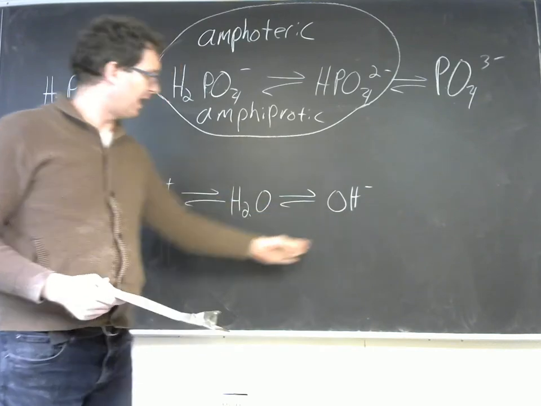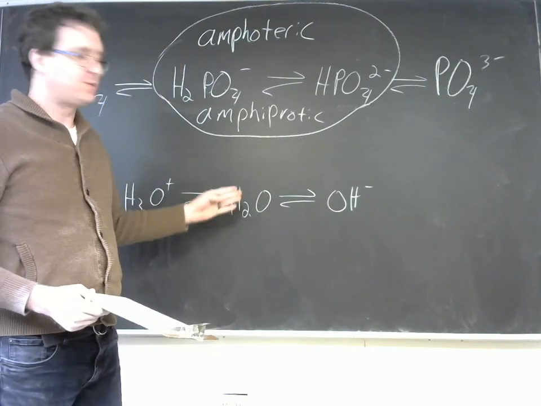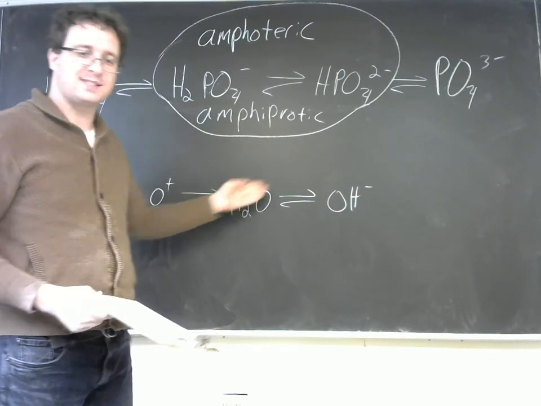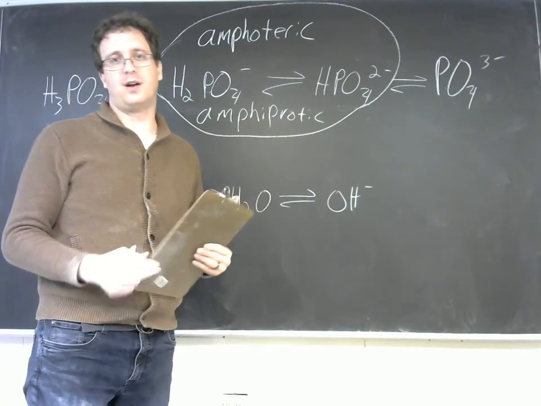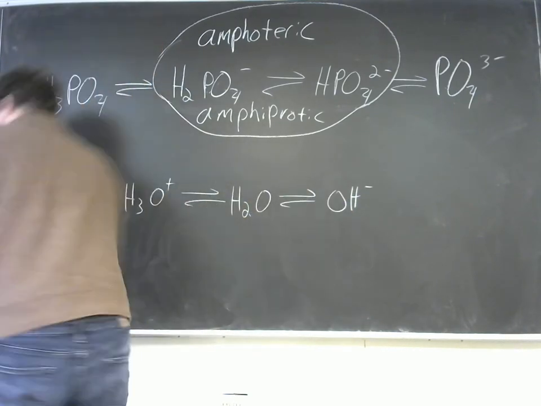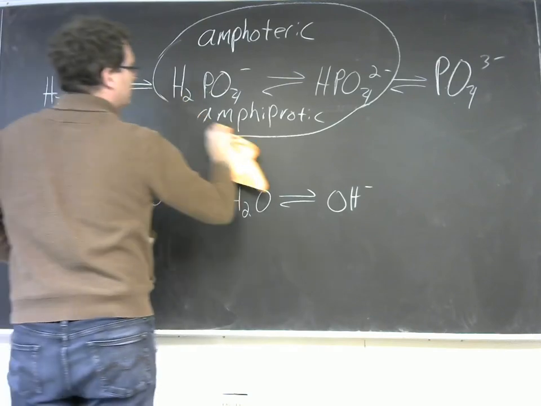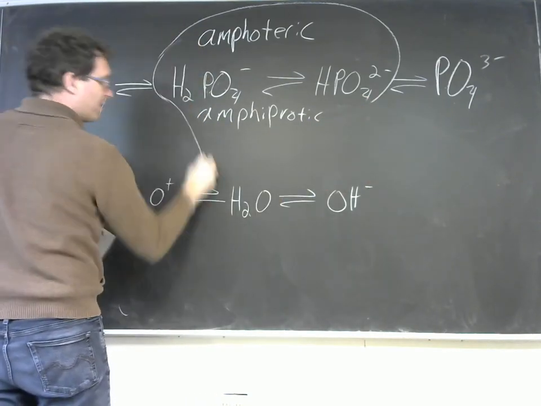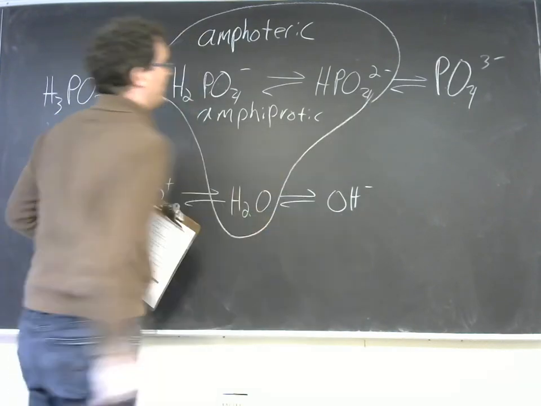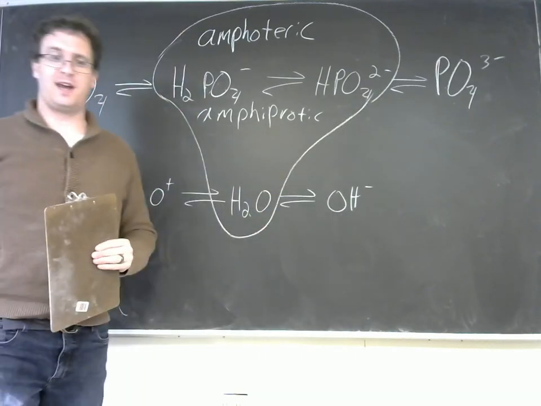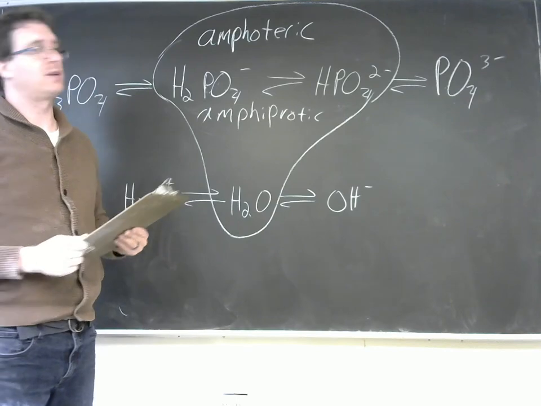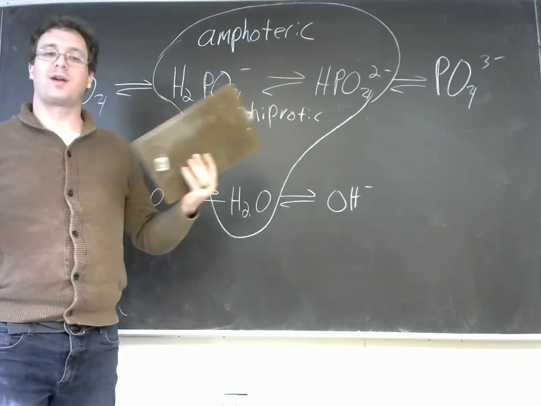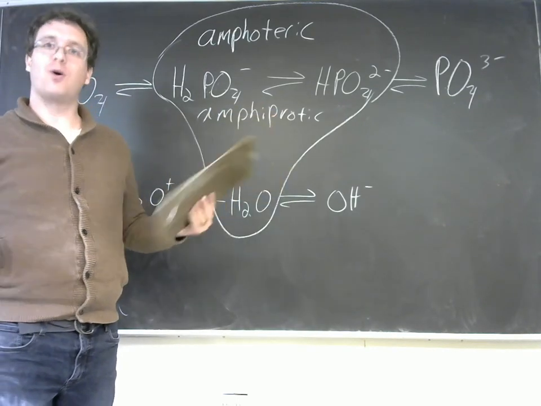OH- can gain a proton to form water, so water is the conjugate acid to hydroxide ion. And that means that water itself is a member of the family of amphoteric or amphiprotic chemical species. Water can act as an acid or as a base.